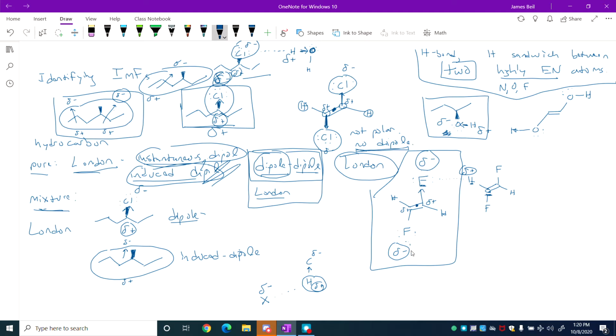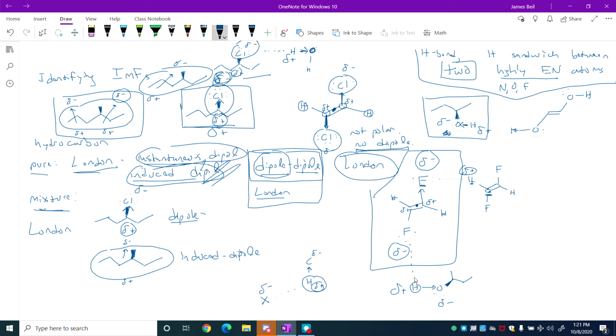So that fluorine can attract nicely to the proton of that structure. So the big electronegativity difference here creates a large partial positive, partial negative, and then the large partial positive and negative between this hydrogen and the fluorine can attract.